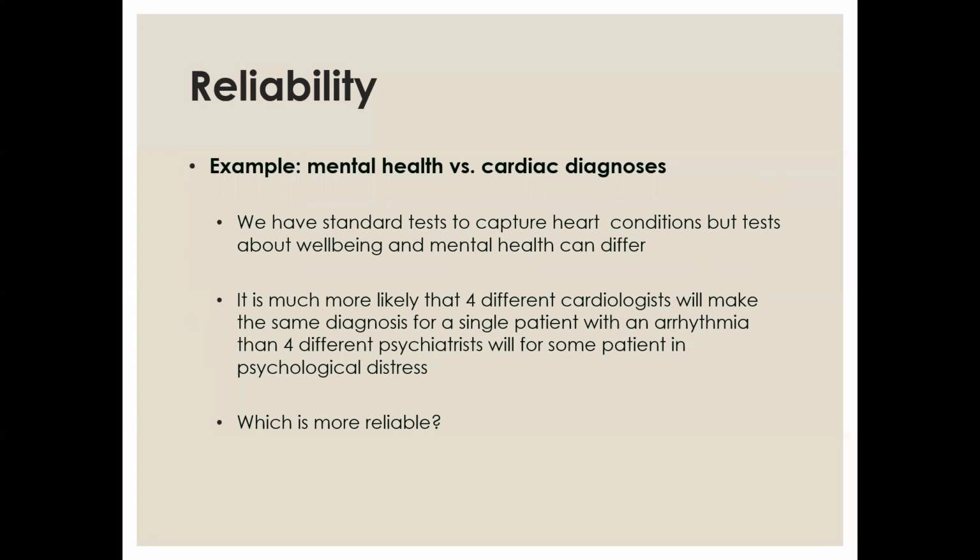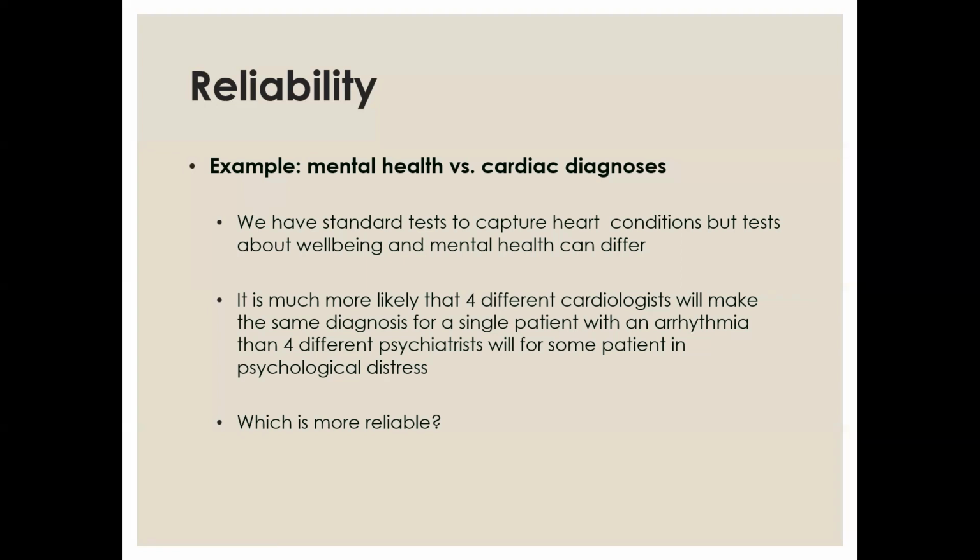And let's look at psychiatrists, right? Take psychological distress. If we don't have something that's in the DSM, the Diagnostic and Statistical Manual for mental health issues, and we make an assessment, maybe because it's a little bit more ambiguous, maybe we didn't define the terms properly, the psychiatrists may have more difficulty or more variation in coming up with a diagnosis.